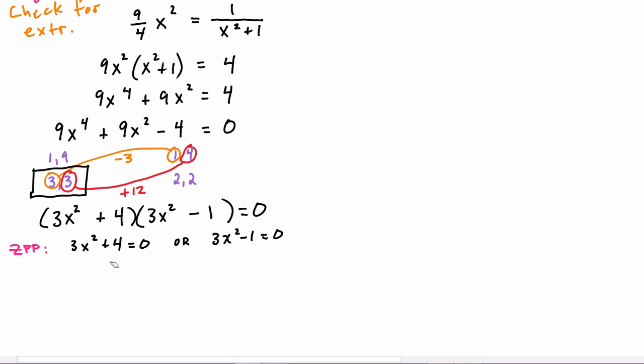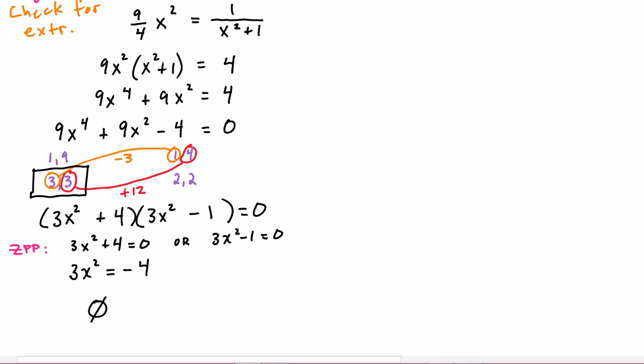We would subtract 4 from both sides. We get 3x squared has to equal -4. Well, right here, we know we can stop because a squared number can never be negative in the real number system. So this is a no solution.